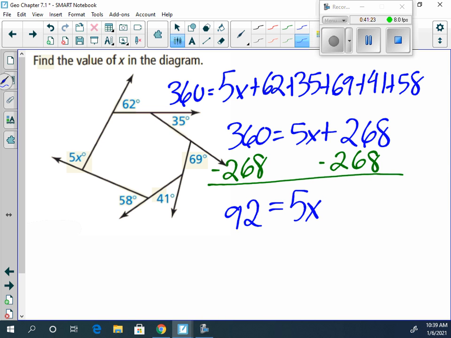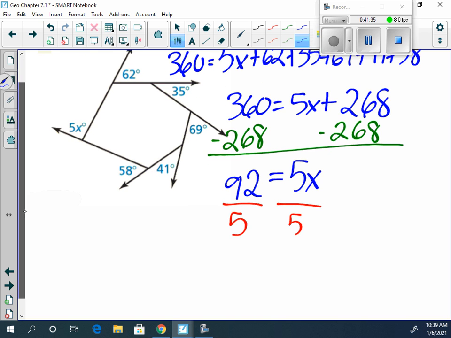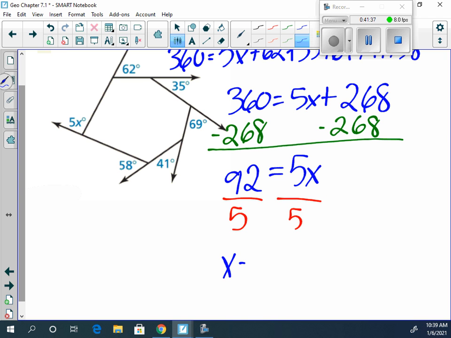That gives 92. And our last step would be to divide both sides by 5. And we are not going to get a whole number answer for this here. So that's it there.